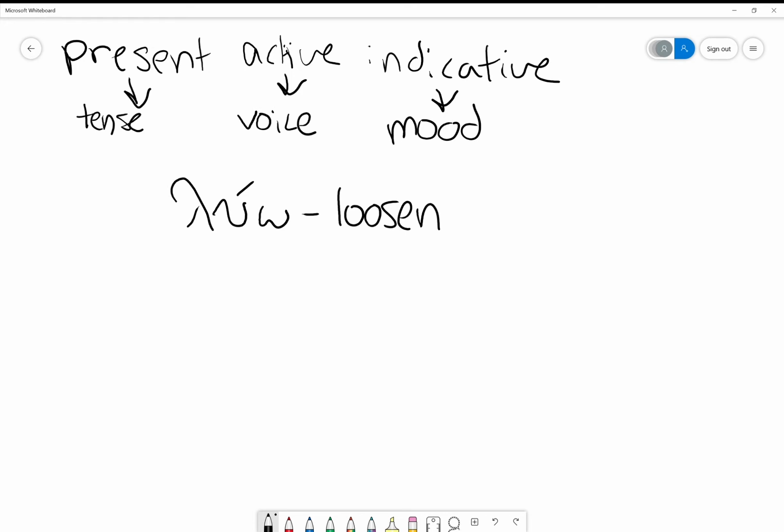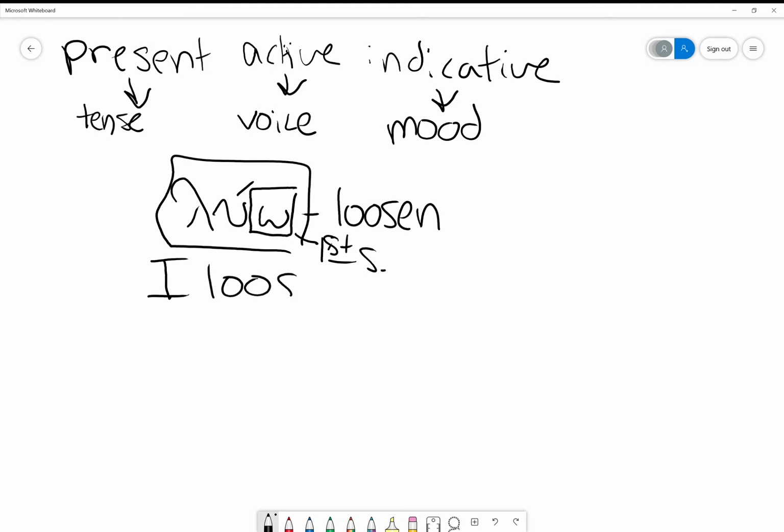So, luo is our word here, right? Technically, with this omega ending, which is a sign of the first person singular, this means "I loosen," okay? It is typical that when you look words up in the dictionary, what you have is the first person singular, present, active, indicative of the verb.